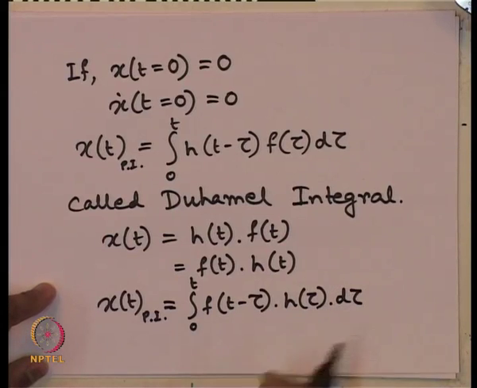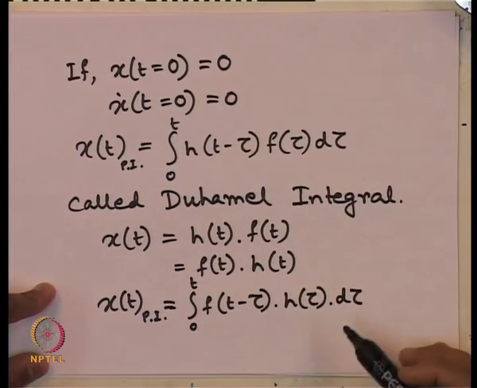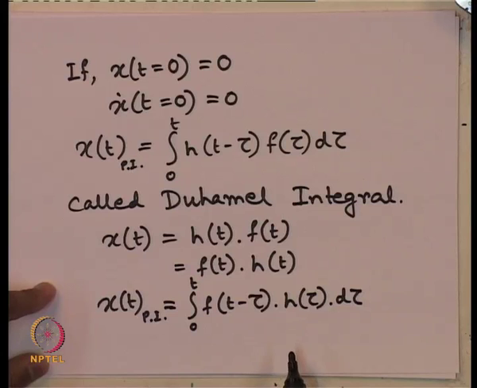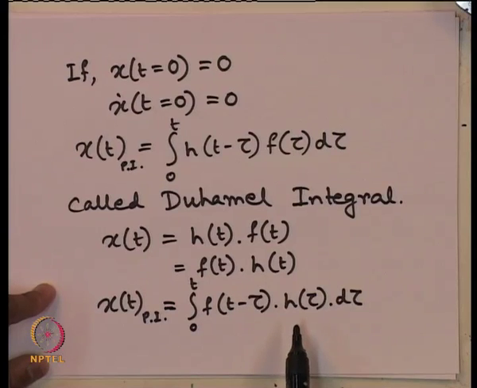So, they are interchangeable, if it starts from rest. So, it will be much easier for us to solve this expression. Why? H of tau is known to us, h of t we know. So, in that expression you put h of tau, then d tau.